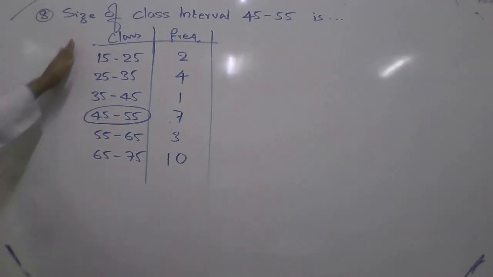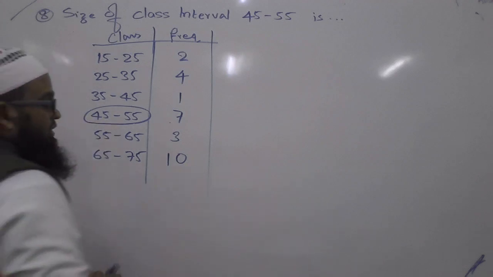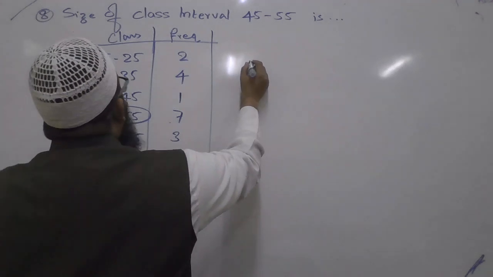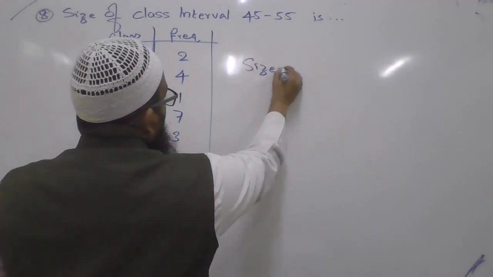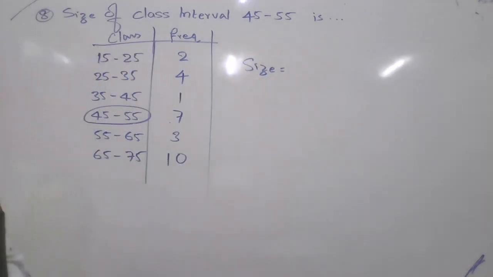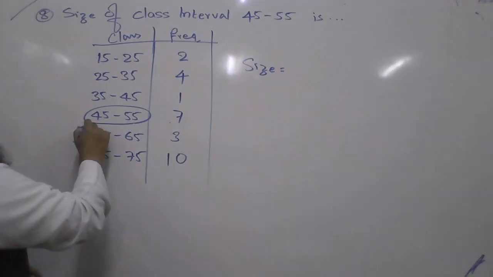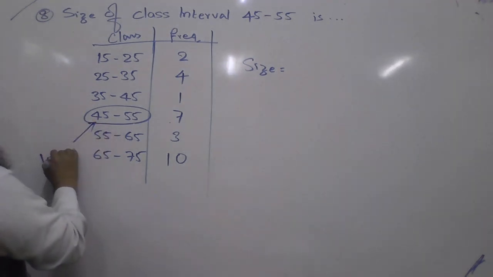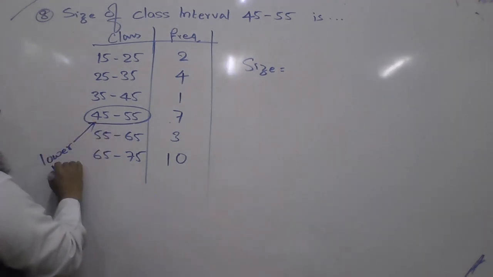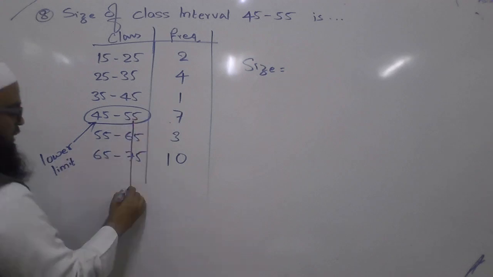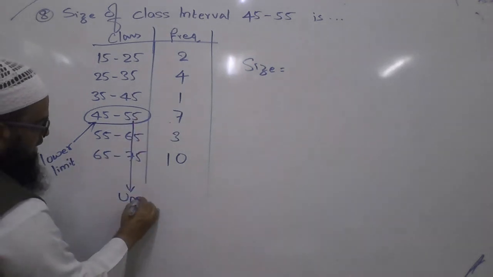And now 45 to 55 is called the class interval. And what is the size of the class? How will you find out? Before going to size, let me tell you, this 45 is called the lower limit, and this is called the upper limit.